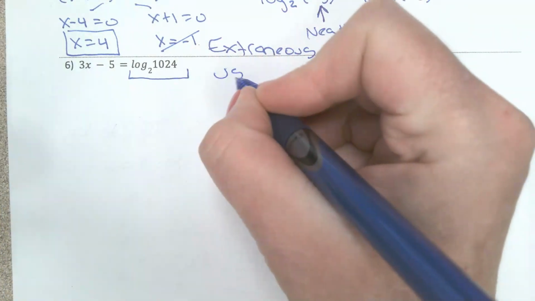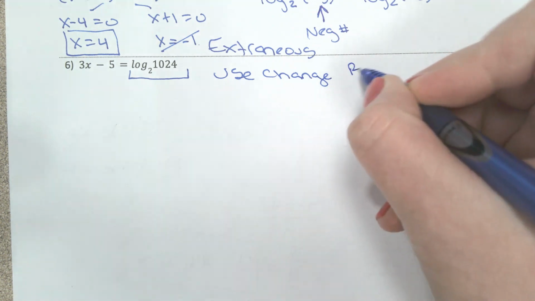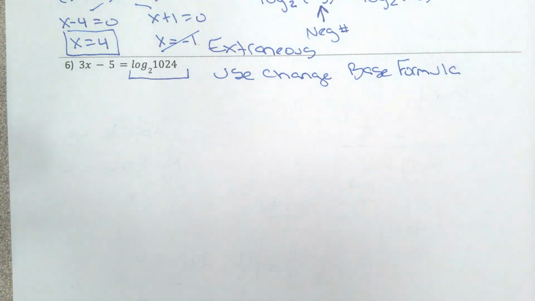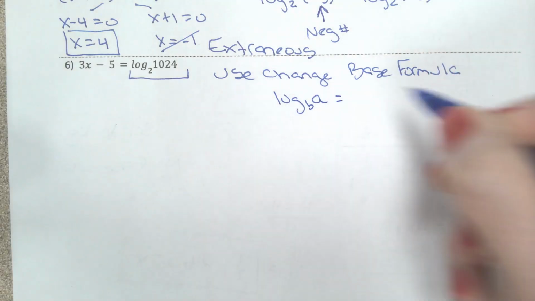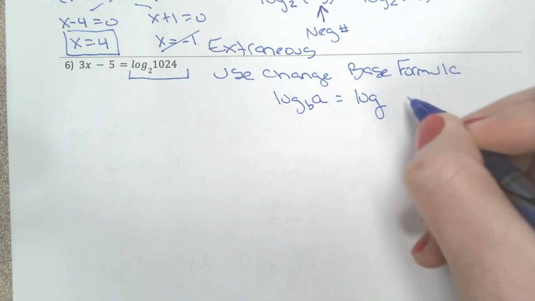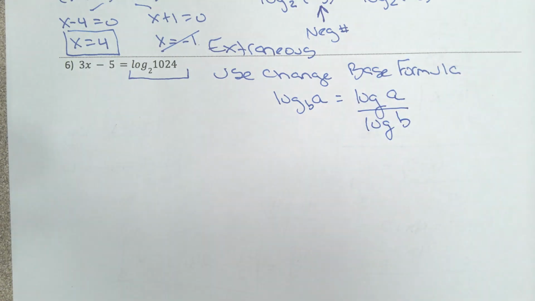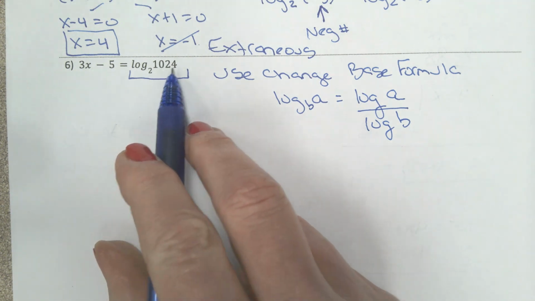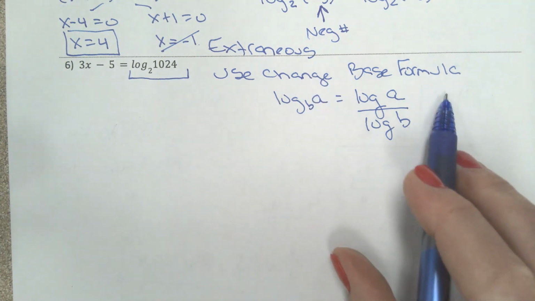You used the change of base formula for that. The change of base formula said that if you have log base b of a, you can take log a divided by log b. So anytime that you have a number as the base and a number right there, I recommend that you use the change of base formula.